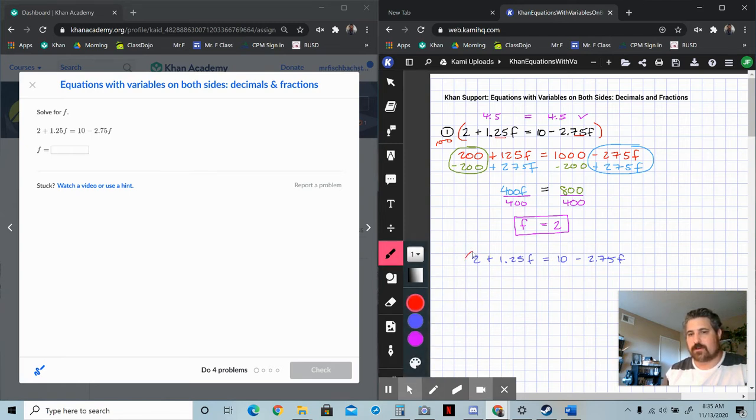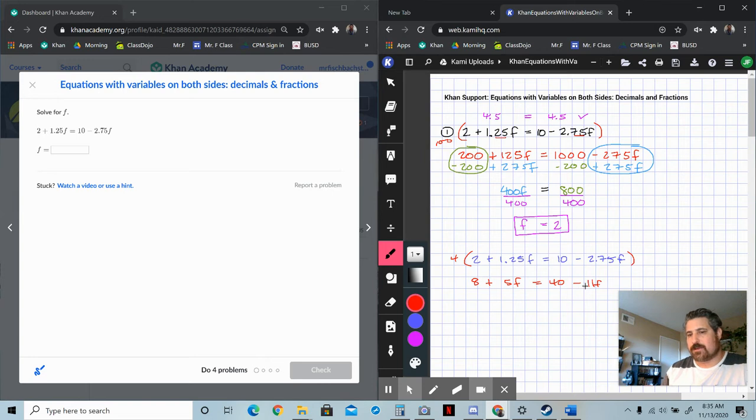You would multiply the whole thing by 4, and you would get, as a result, 8 plus 4 plus 1, which is 5, 5f, equals 40, and then minus 11, because 4 times 2 is 8, and 4 times 0.75 is going to be 3. So that's 11f, I should say.